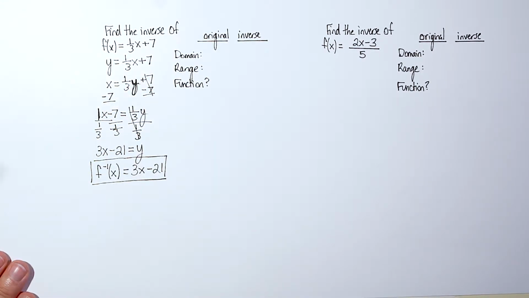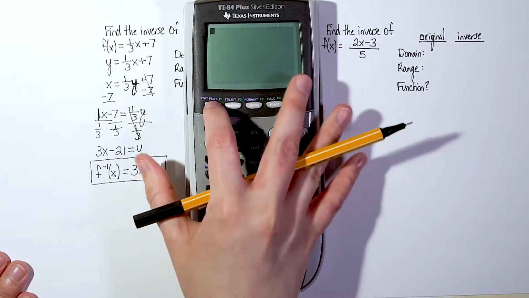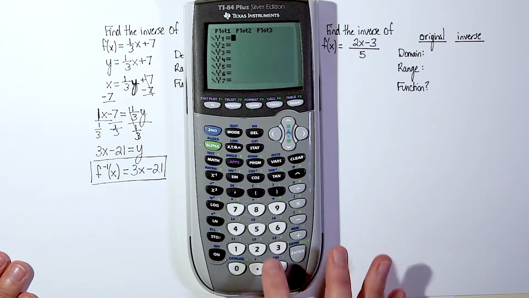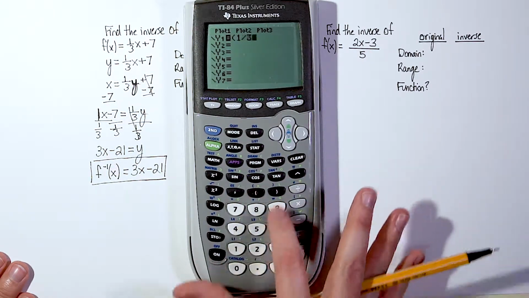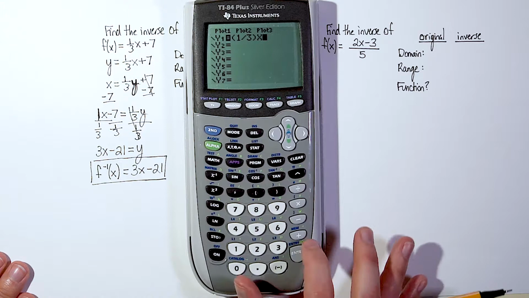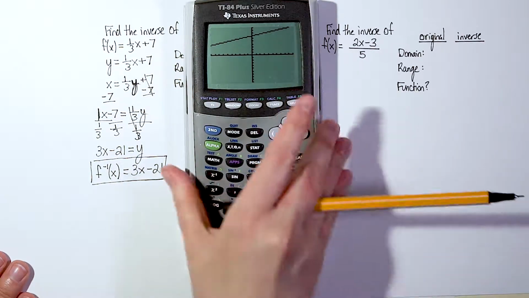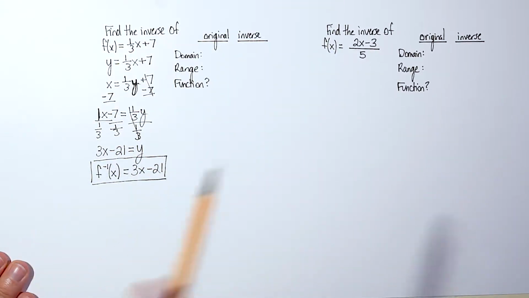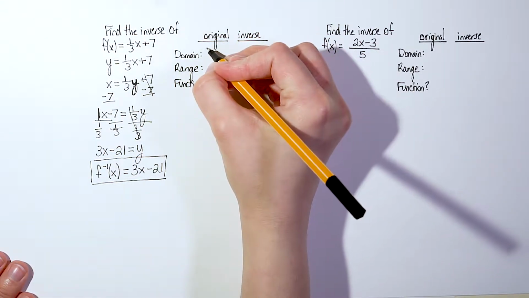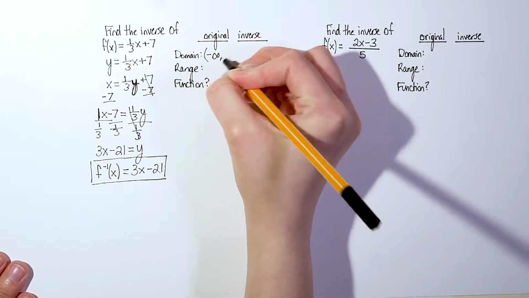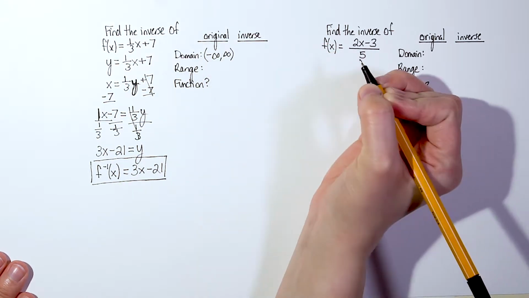So if you need to, grab out your calculator and type that into your y equals 1 divided by 3x plus 7. And look at the picture if you need to. Okay? Walk through the process. But this is a linear equation. Our domain is negative to positive infinity.